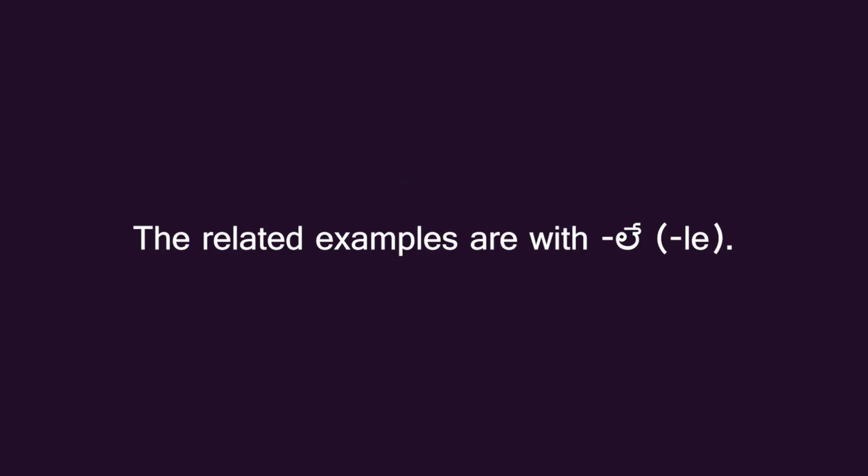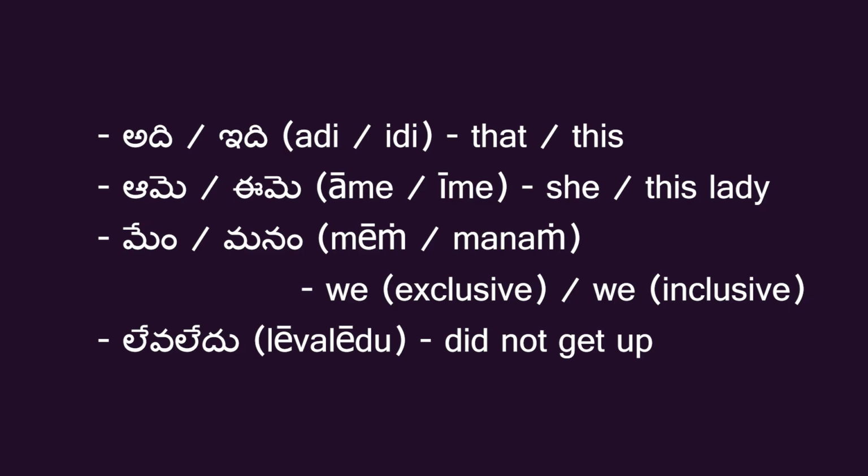The related examples are with le: adi or idi, that and this; ame and ime, she or this lady; mem or manam, we exclusive and also we; levaledu, which means did not get up. Totally, these subjects like that and this and she and we did not get up.